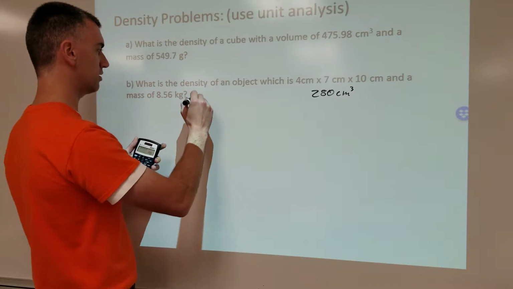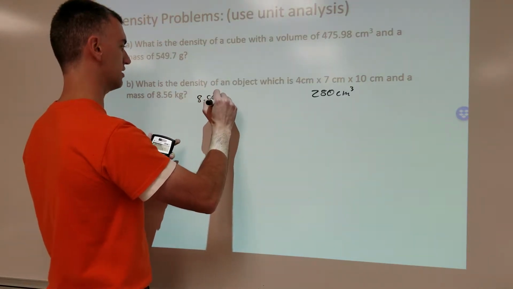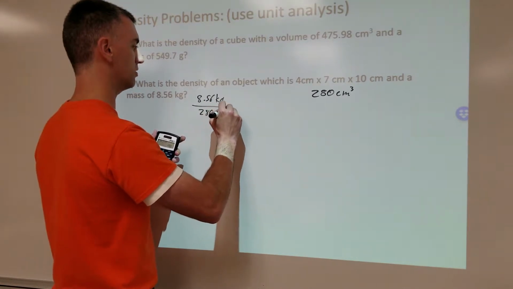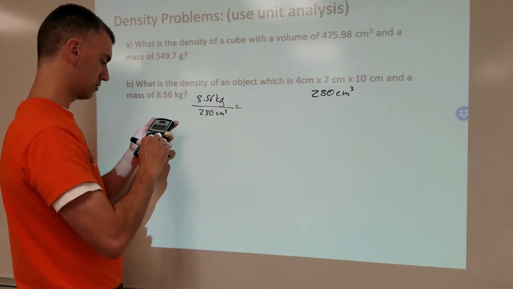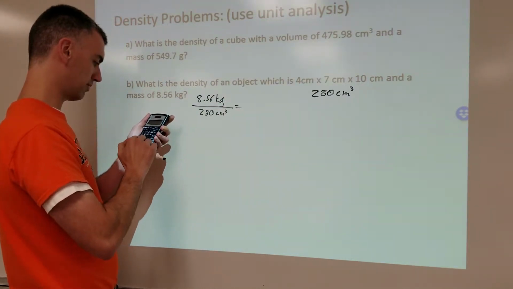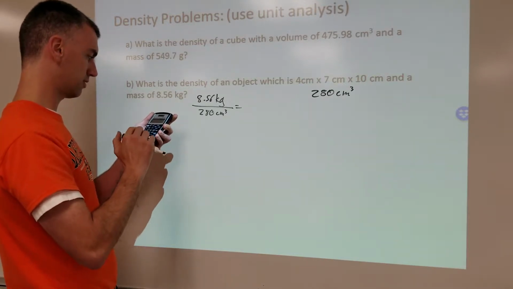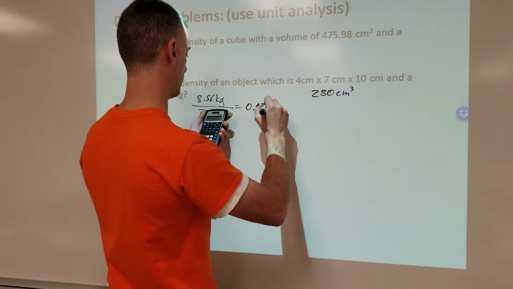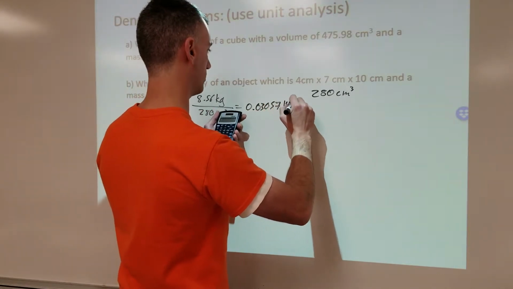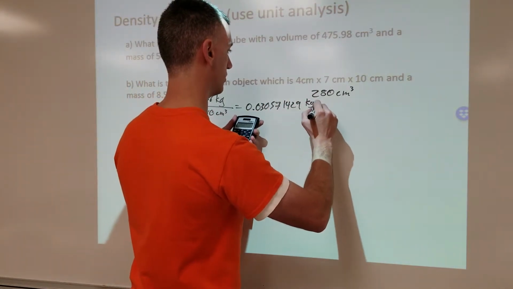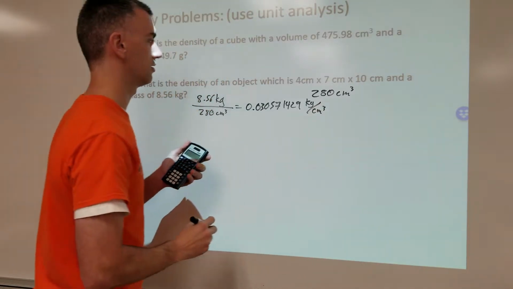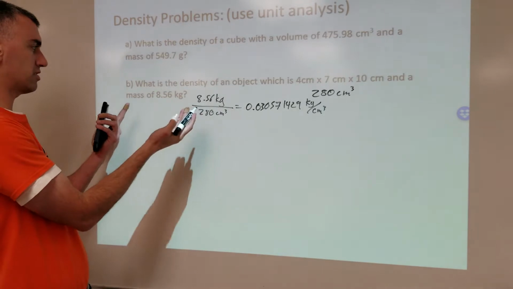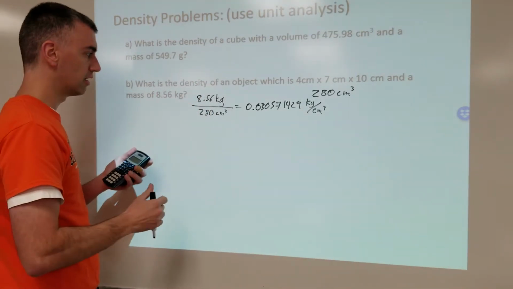So now you can take your 8.56 kilograms divided by 280 centimeters cubed. 8.56 divided by 280 is 0.030571429 kilograms per cubic centimeter. And it doesn't ask you for any units, so I guess you just go with whatever you're given, it's fine.